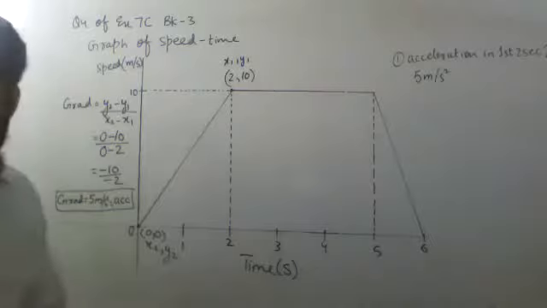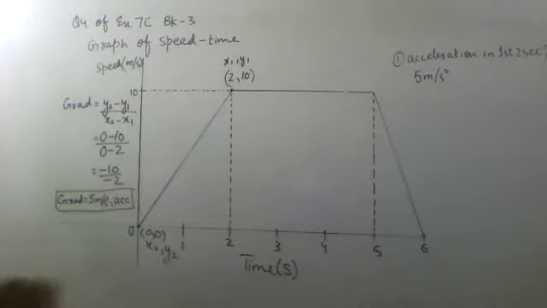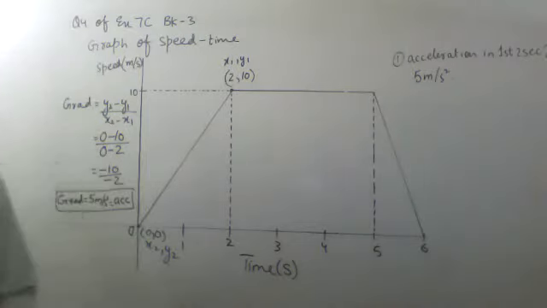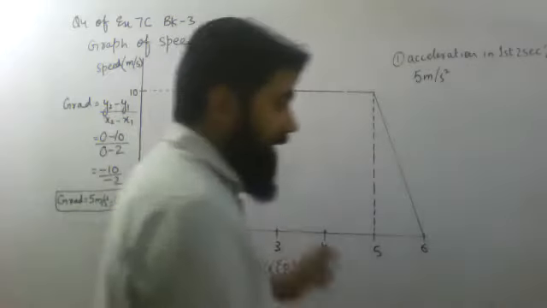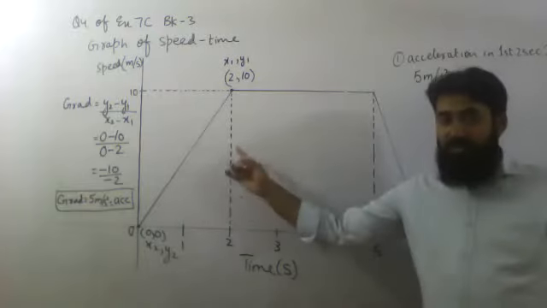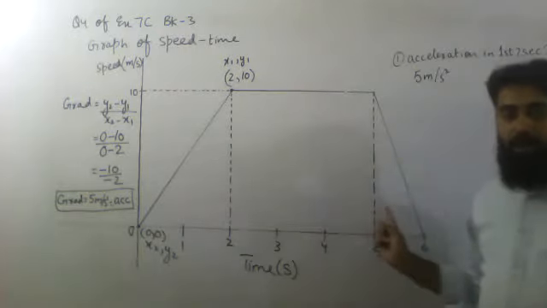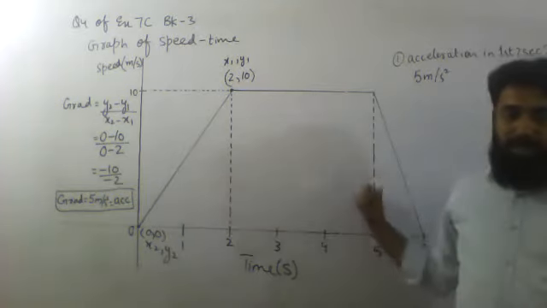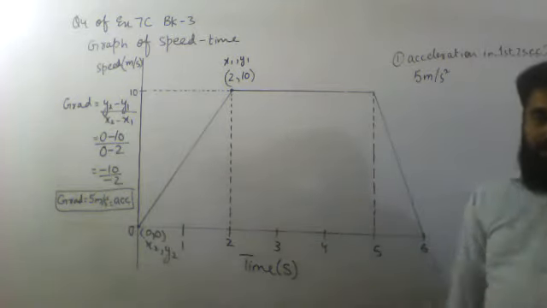Now, part 2 of the question is giving us a description that the distance traveled is given by area under the speed time graph. In a speed time graph, if I have to find the distance covered over here or over here or over here, I will find this area or this area or this area under the graph.